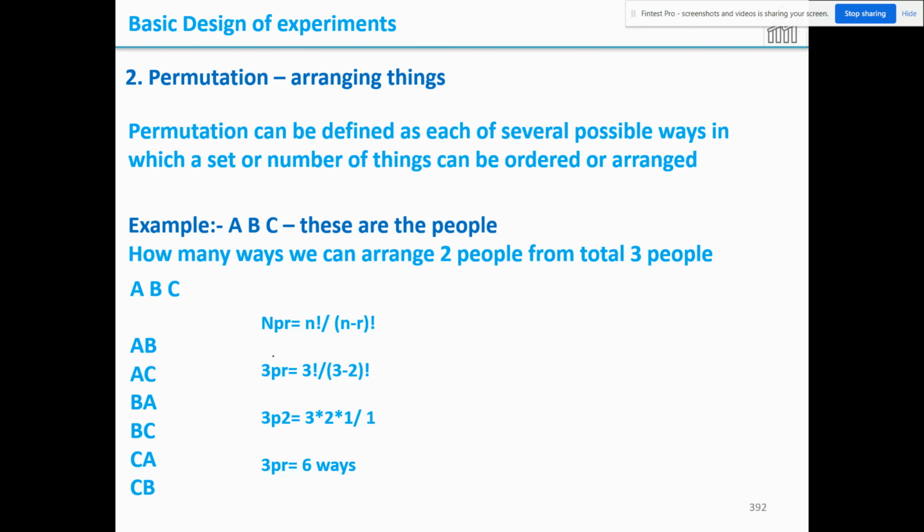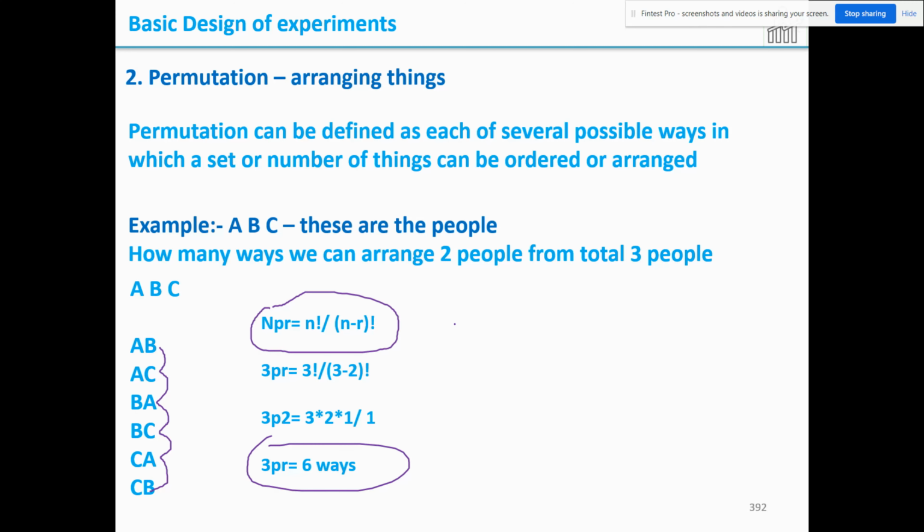So the formula for permutation is nPr equals n factorial divided by (n minus r) factorial. They arrived at this formula based on the real checking of arranging things. So you know this formula, and we get permutation equal to six ways.